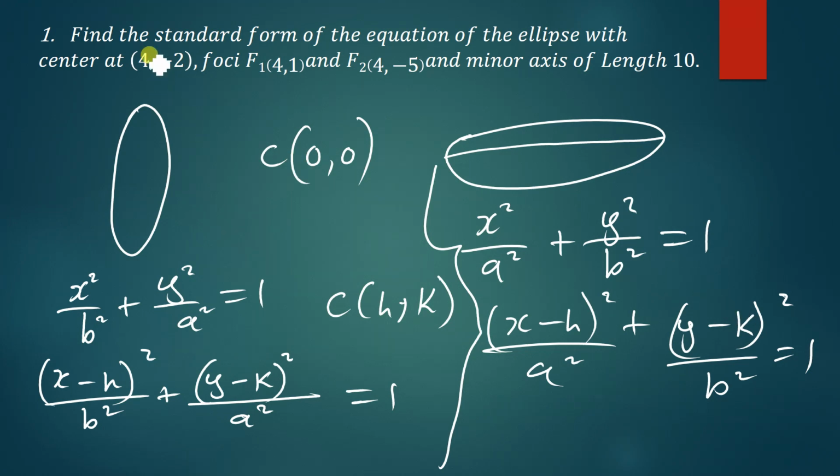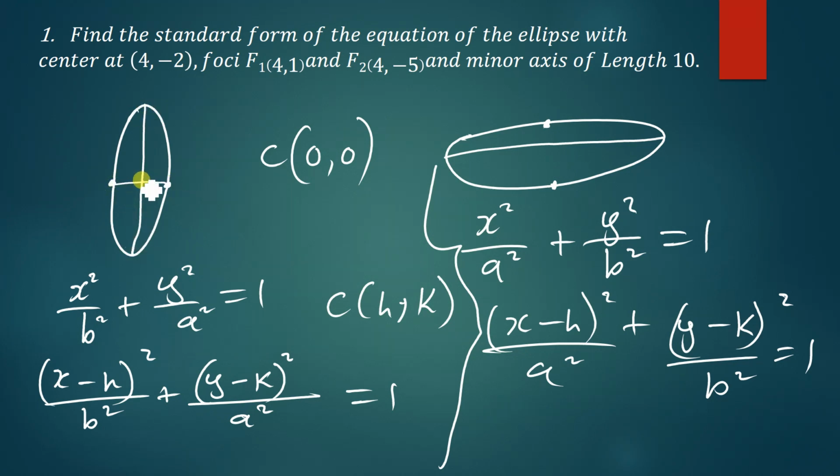The question says find the standard form of the equation of the ellipse, and we've been given that the distance from one point to the other point on the minor axis is equal to 10. So we know that we have a major axis there.